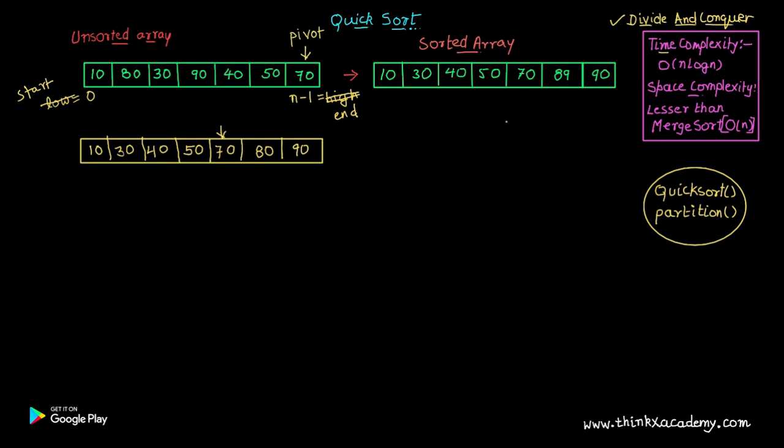So we will create a partition function, and the task of this partition function is very simple. It will just rearrange our unsorted array in this manner. After this, the partition function will give us the p index, which is the partitioning index, which means this is the index position at which we have partitioned this array.